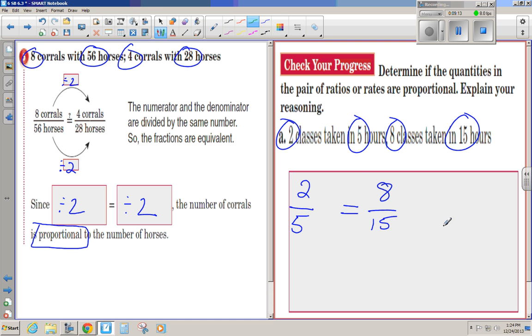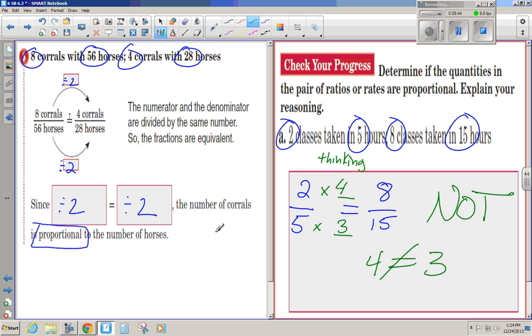So you all should be thinking right now, 2 times what number gives me 8? 5 times what number gives me 15? So pause the video and fill in these blanks. Okay, so hopefully you paused the video and said that 2 times 4 gives us 8, and 5 times 3 gives us 15. And since 4 does not equal 3, this is not proportional.